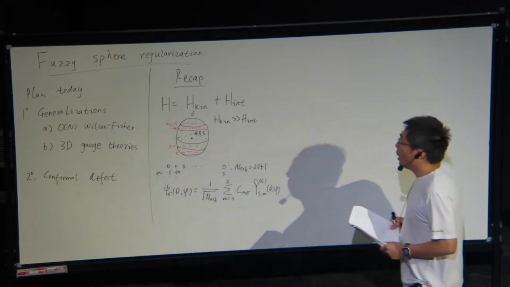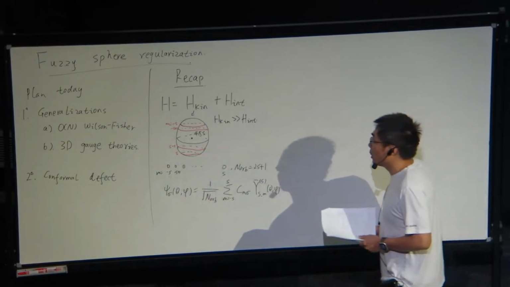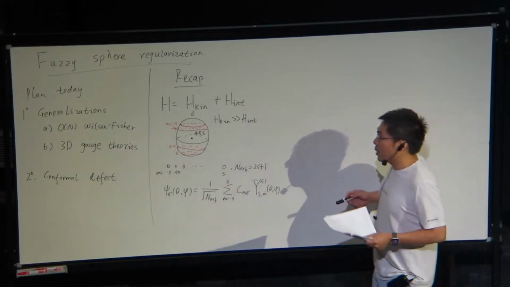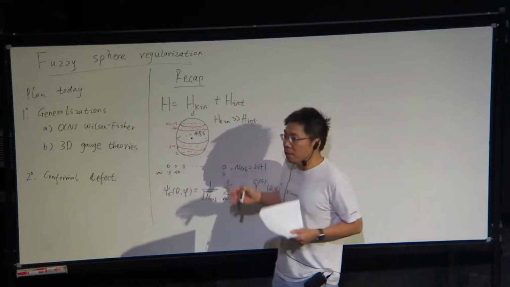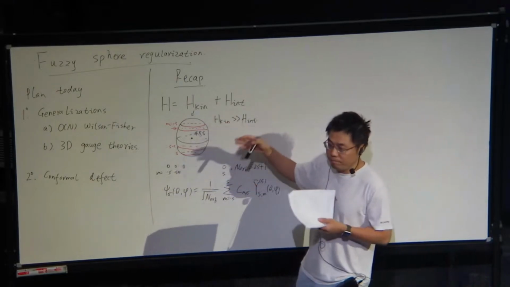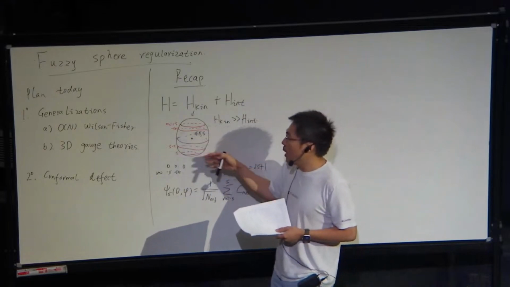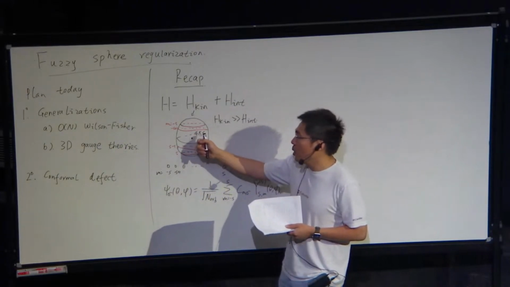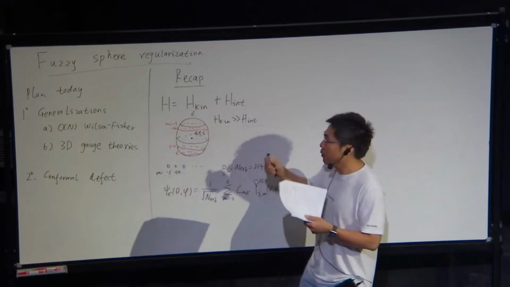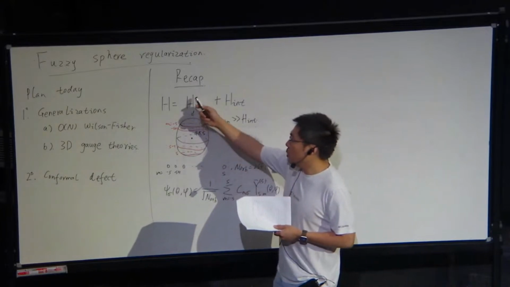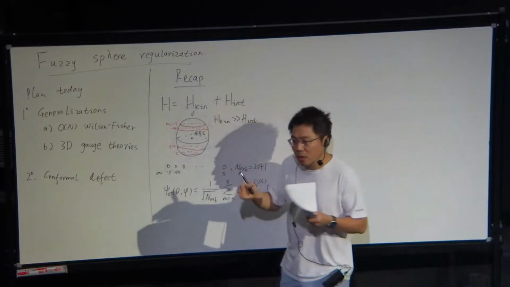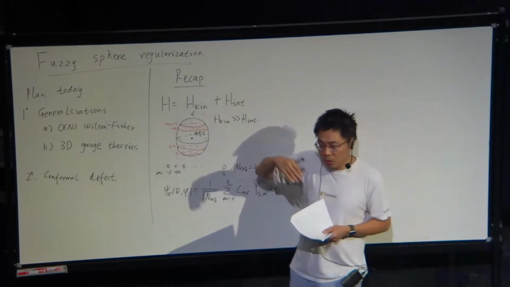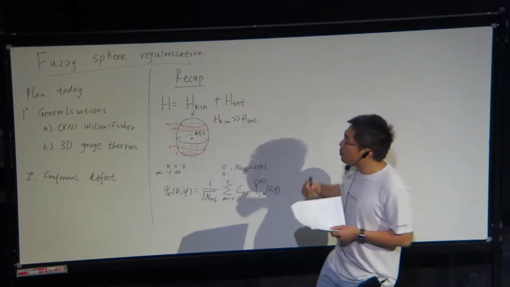Let me give you a quick recap about what this fuzzy sphere regularization is. What we are considering is a quantum mechanical model where I have fermions moving on the sphere. In particular, I'm putting a monopole with flux 4 pi s in the center of the sphere, which can be captured by this kinetic term, whose eigenenergies will be just quantized Landau levels with a gap.